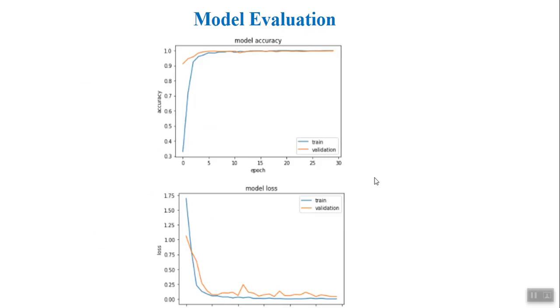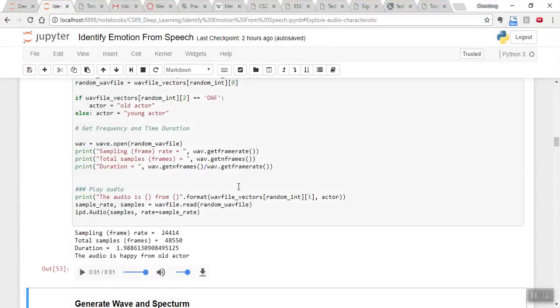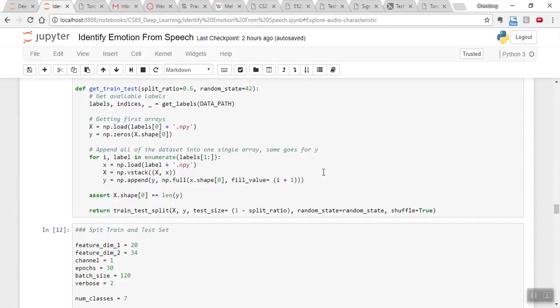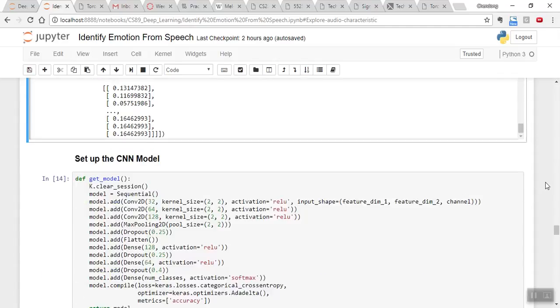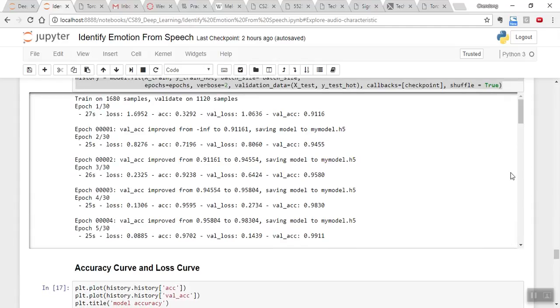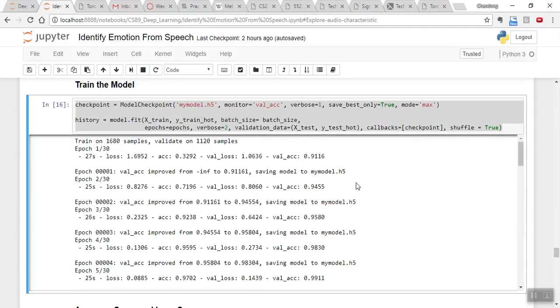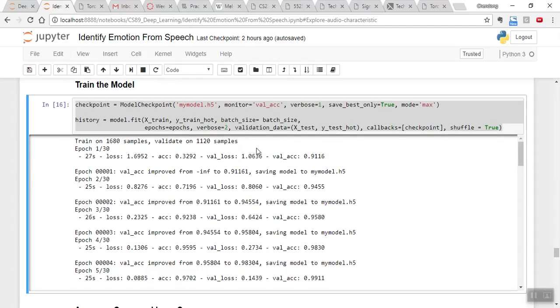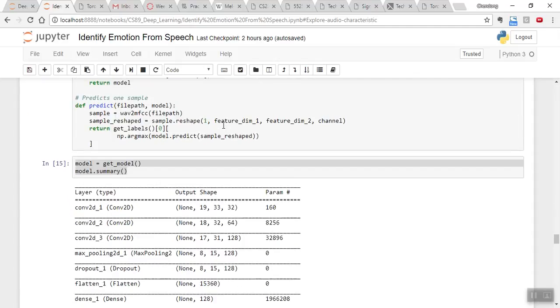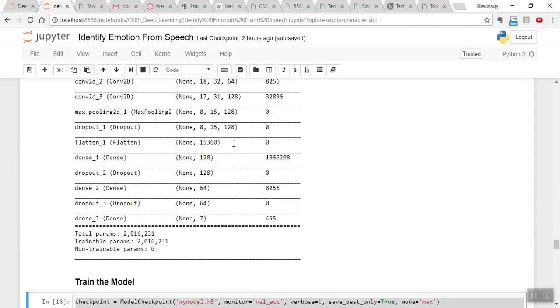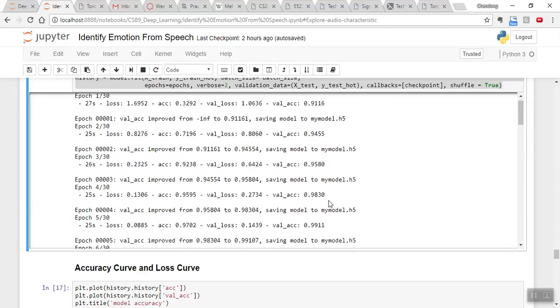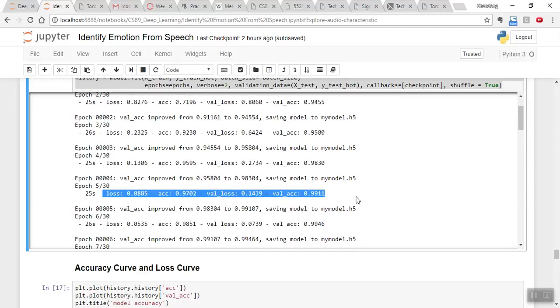So let's take a look at the result. The result is actually quite accurate. I think it's because of the sample. We can find out I used 30 epochs, and I can get the validation accuracy of about 99% even in just the fifth epoch.